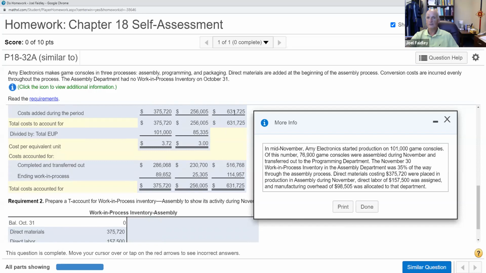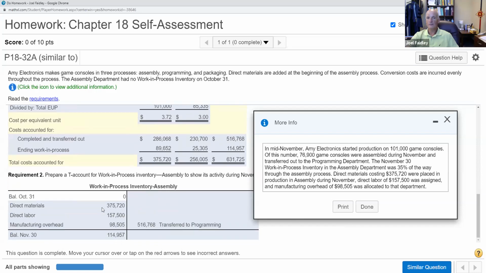But the total is 631,725. It's the total right here on this part that's being what? Accumulated. And of course, that overhead has been what? That's been applied. It's been allocated. Credit to manufacturing overhead. Debit to work in process. See how those journal entries fit together?